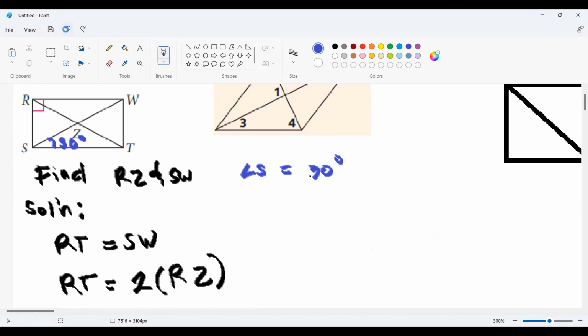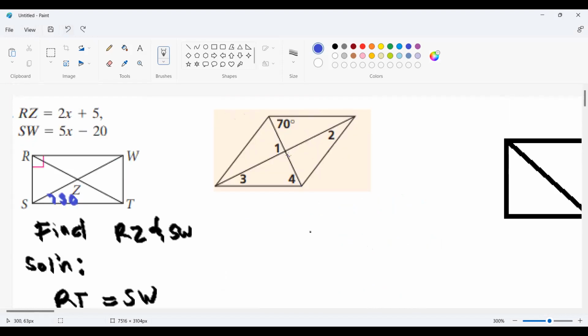That's one for the rhombus. Different shape, different cases, but at some point they are equal.